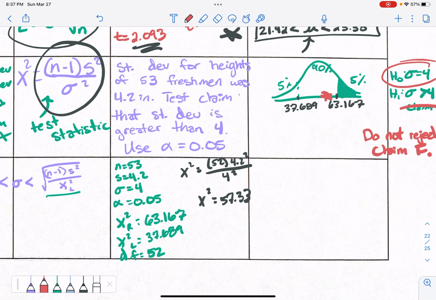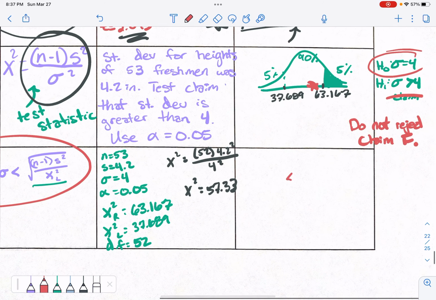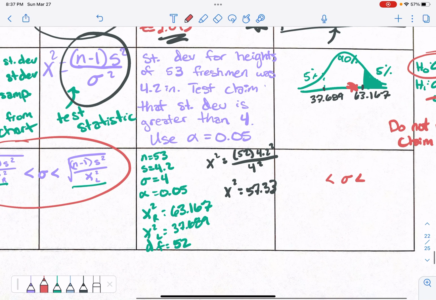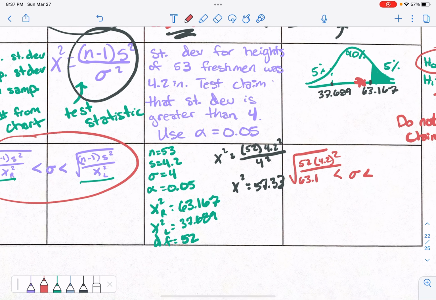Okay, let's see if that's our same conclusion when we do all this good stuff. So my sigma is going to live in between those two things. I've got the square root, n minus 1 is 52, s squared is 4.2 squared, and we're doing over 63.167.